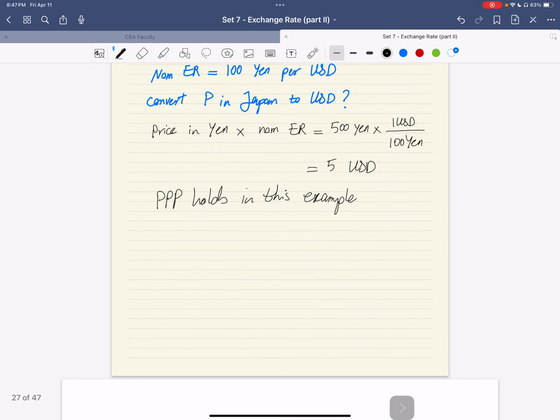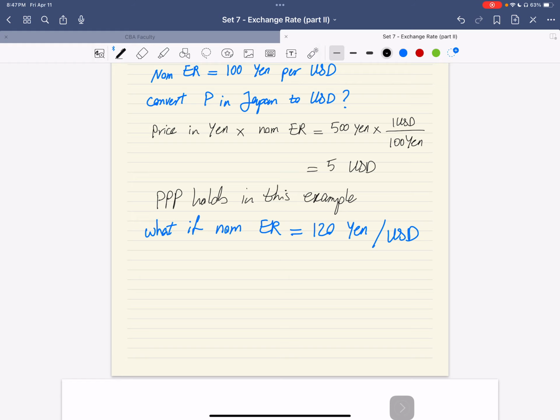What if, let's say this time, the nominal exchange rate is equal to 120 yen per US dollar?